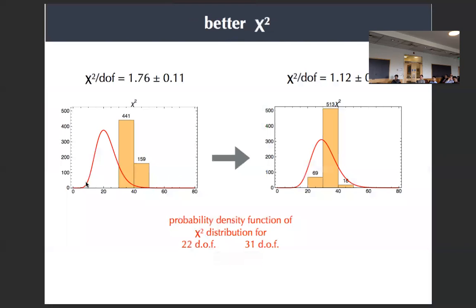This is a way to quantify the precision we gain by including COMPASS pseudo-data. So we go from a predictive chi-square of 1.76 to 1.12. Okay, and now the histograms of the 600 chi-squares have a much better overlap with the ideal probability density function corresponding to the new number of degrees of freedom.